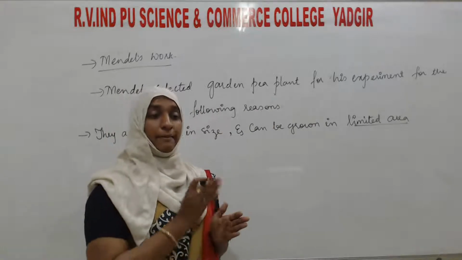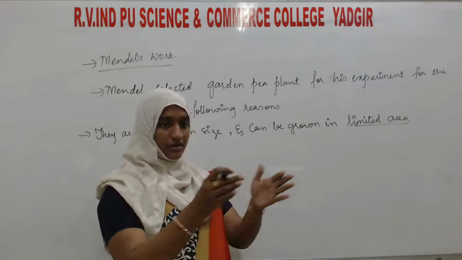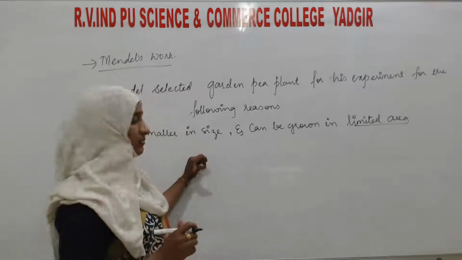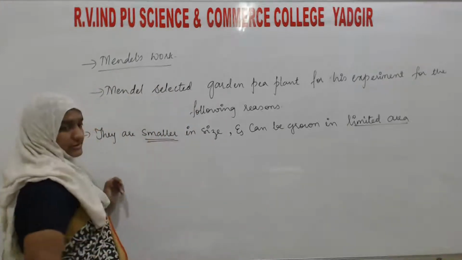You can grow many pea plants in a small area. Why? Because the size of this garden pea plant is small.